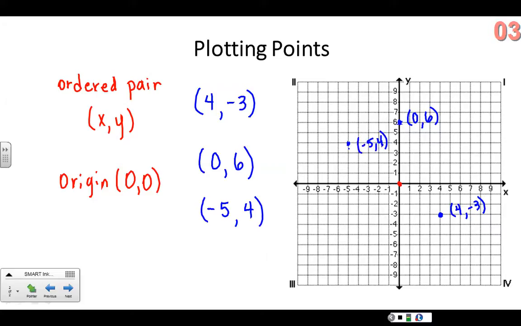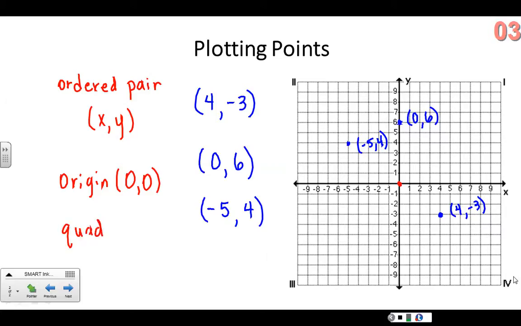Now you might have also noticed that in the coordinate plane you can plot points, but you have these Roman numerals numbering each section. It's like the coordinate plane has been divided into fourths. These 4 sections are called quadrants. I'll write that word for you, the 4 quadrants.